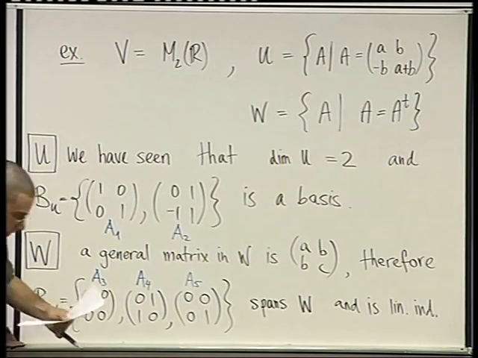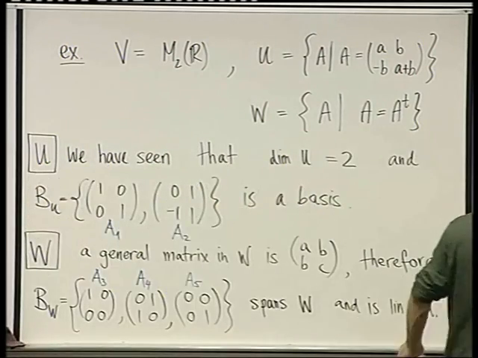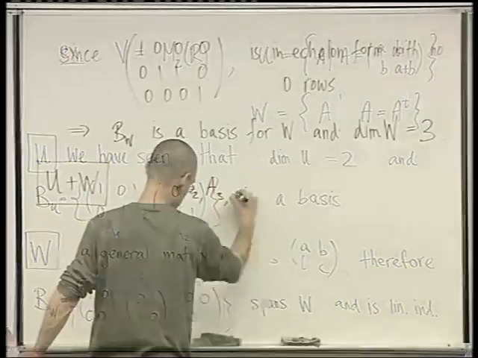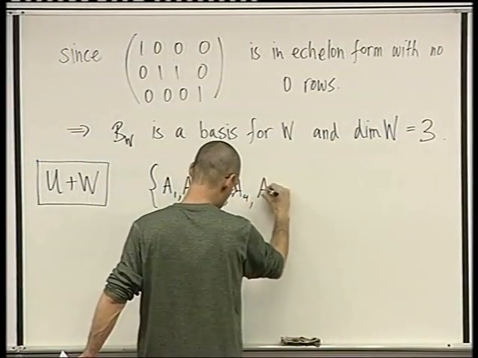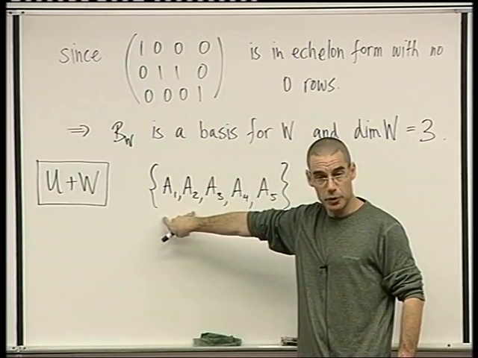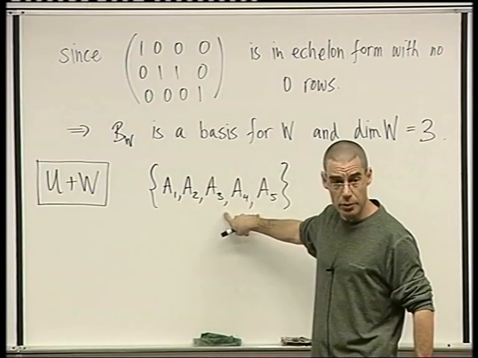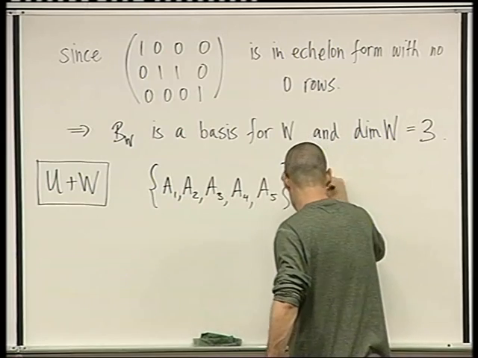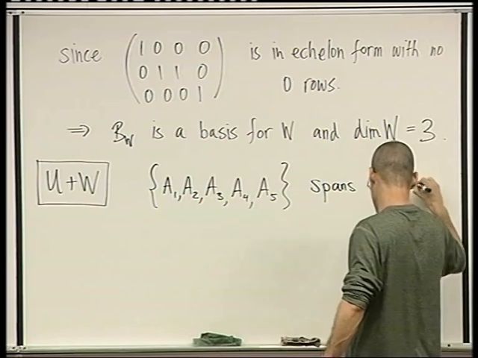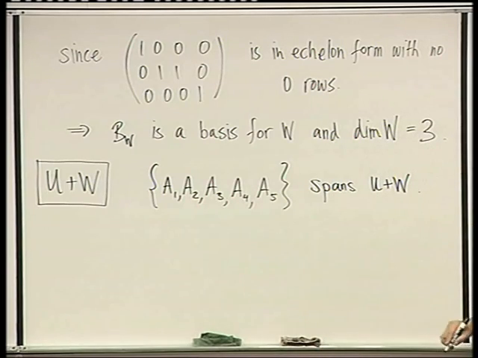And now, let me write the set A1, A2, A3, A4, and A5. A1 and A2 were the basis for U. A3 through A5 were the basis for W. Spans U plus W. Does everybody agree to this?